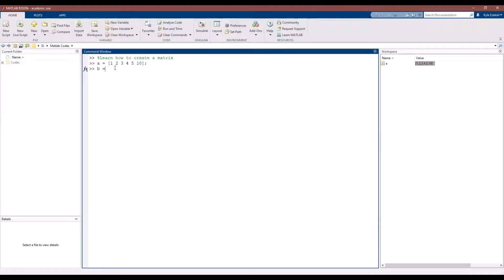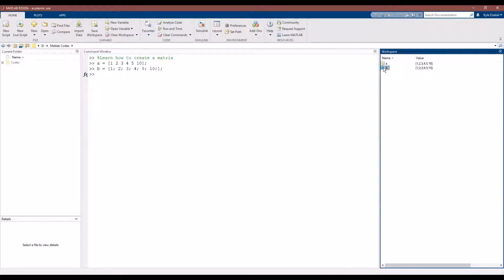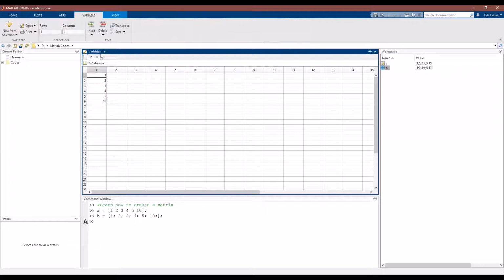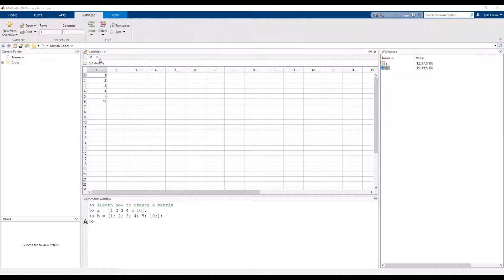If I were to create a column vector, you know that the elements are separated by a semicolon. So how do we create a matrix in MATLAB?